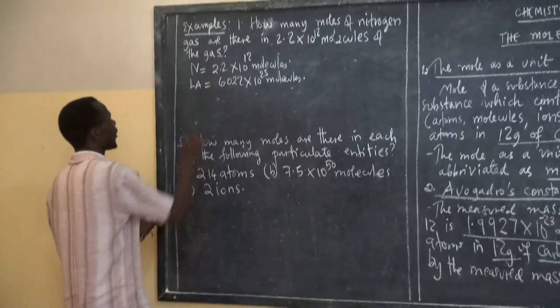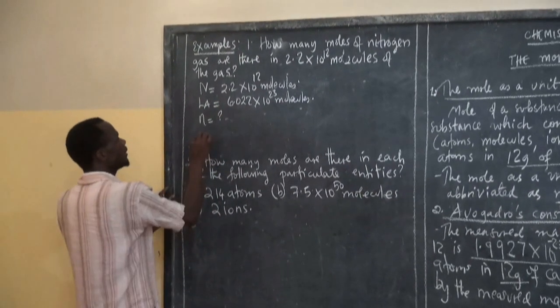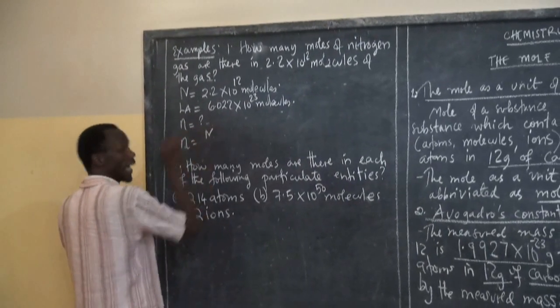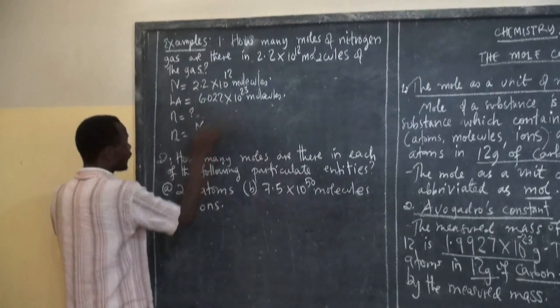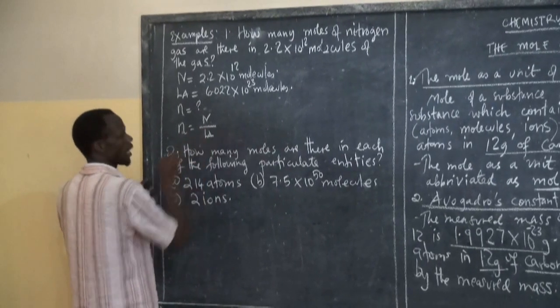Then, what are we talking about? Amount of substance is equal to what? But remember, we have said amount of substance is equal now to capital letter N, the number of particles, over Avogadro's constant.